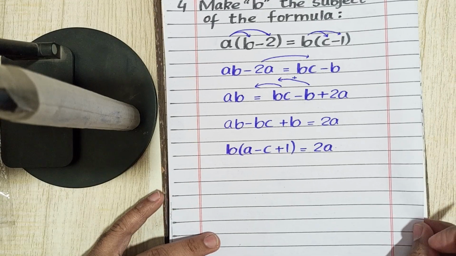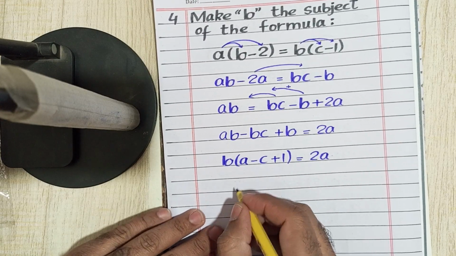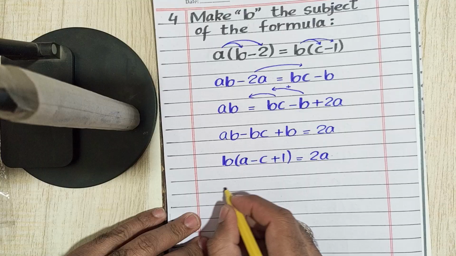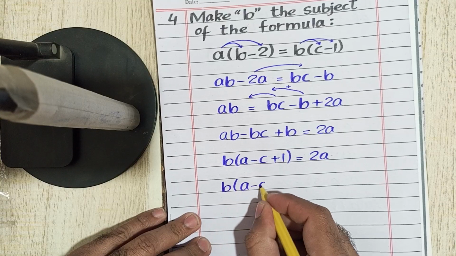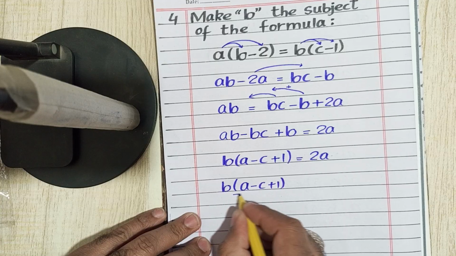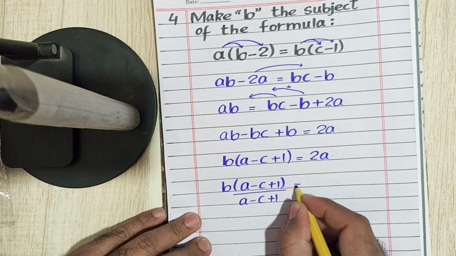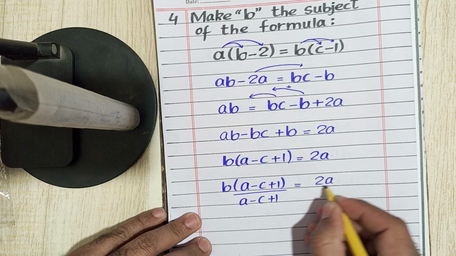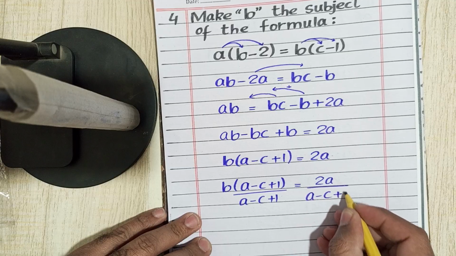So now we want to calculate the value of b. So we divide both sides with a minus c plus 1. So here we divide a minus c plus 1, a minus c plus 1 equal to a divided by a minus c plus 1.